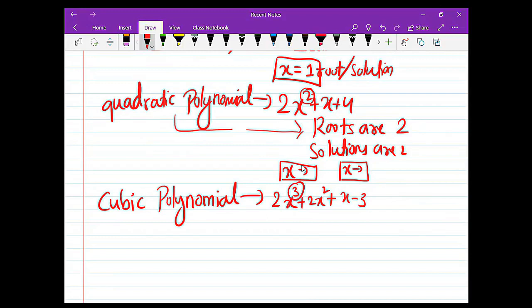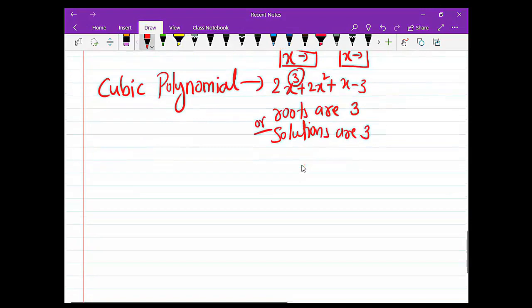That's why roots are how much? Yes, what you are guessing is right. Roots of the cubic polynomial are 3 or solutions. Okay, solutions are 3. We call it roots or solutions. Means the variable x has 3 values here.